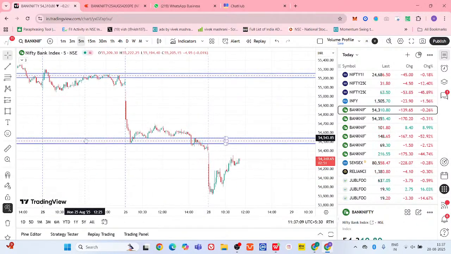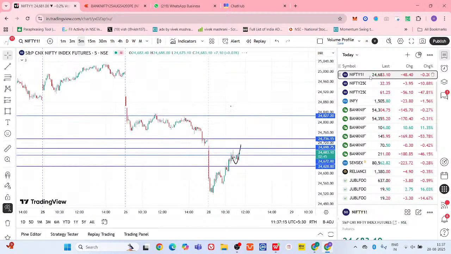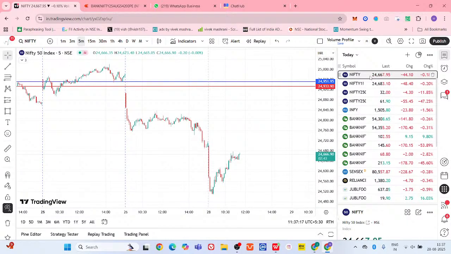According to me, these are two levels market has to test. Oh, this is Bank Nifty. Okay, wait. I'll put it for Nifty. I did a small mistake. I'll give the levels. Wait.